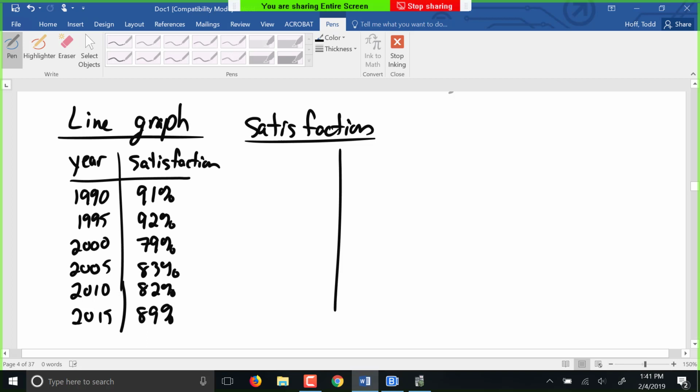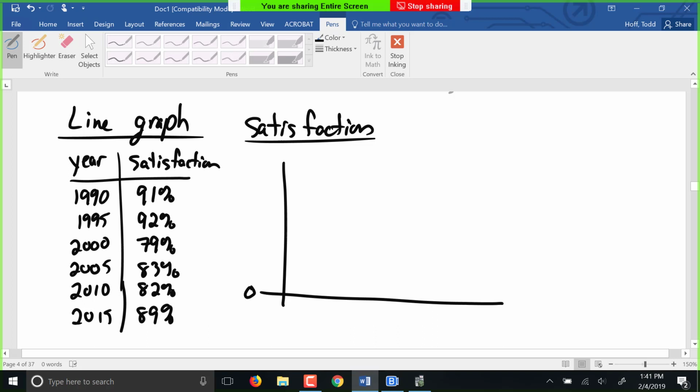Now, there are different arguments out there about how this should be done. One argument is you should always start labeling at 0 and evenly space it all the way up to whatever your highest value has to be. Well, here that's close to 100.